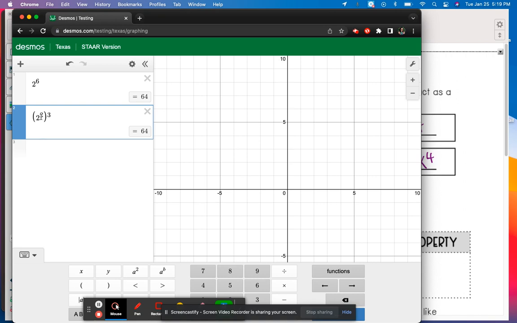So what they did is they multiplied. So I have 2 squared, and they multiplied by 3. Hold on. So for this, I guess we have to use parentheses, so 2 times 3. So they multiplied the exponents together.